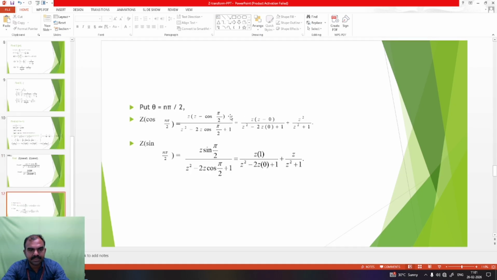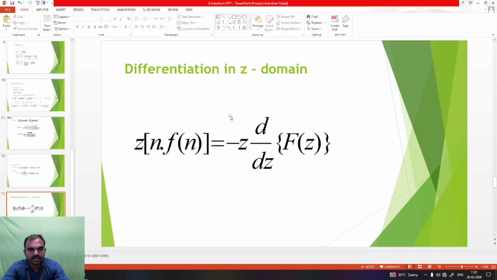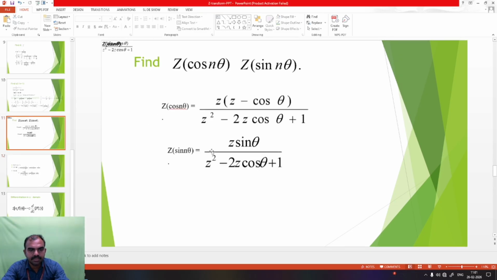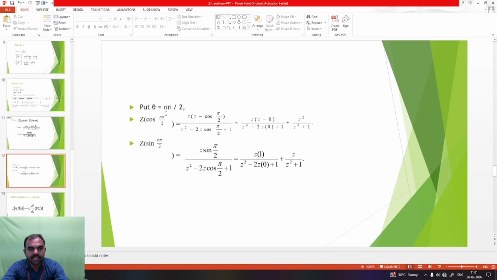Next one here. So here we want to find cos n pi by 2 and sin n pi by 2, right? So how can we find this? See the previous one, we just apply the theta value pi by 2 in here. So put theta is equal to pi by 2. So Z of cos n pi by 2 is z into z minus cos pi by 2 by z square minus 2z cos pi by 2 plus 1.